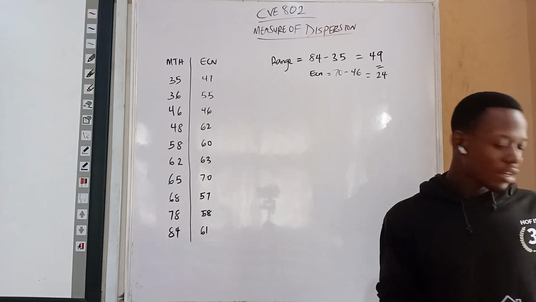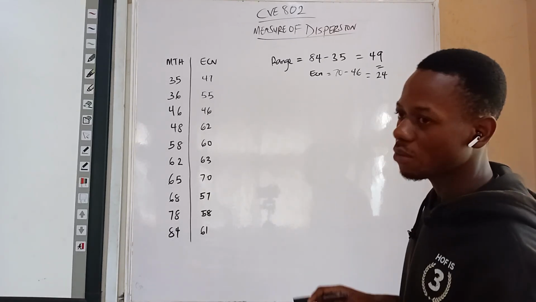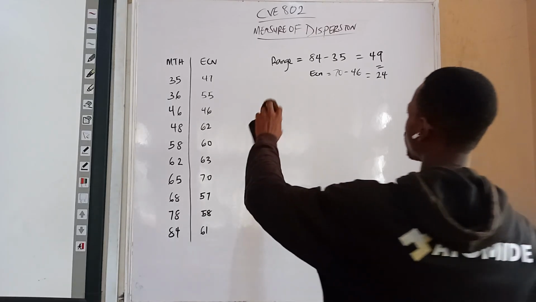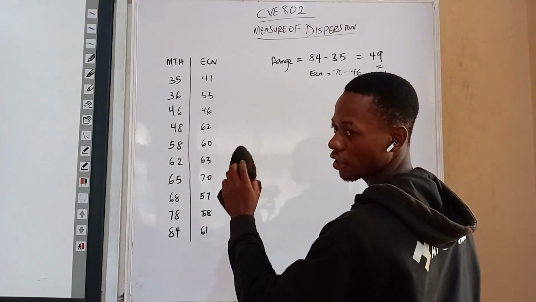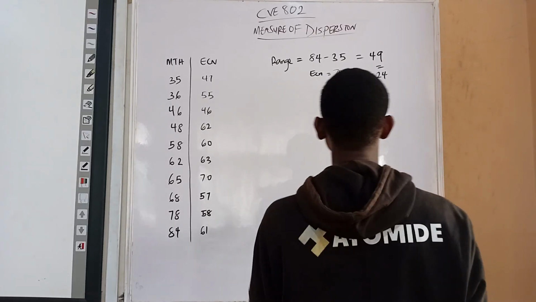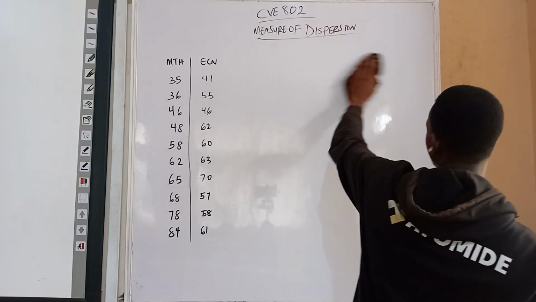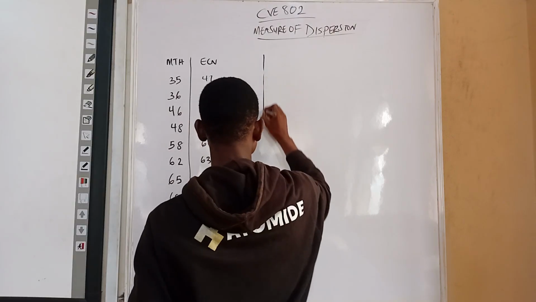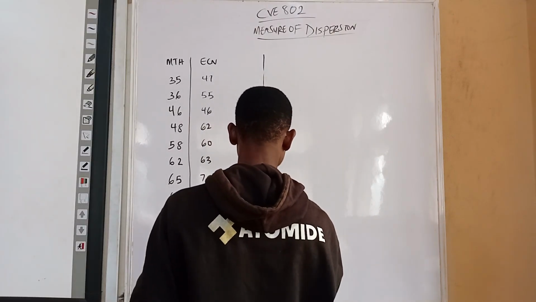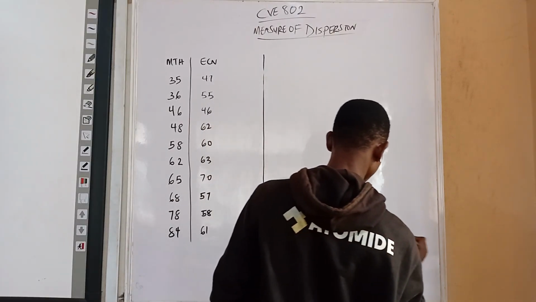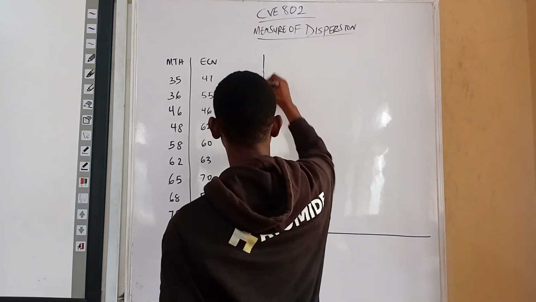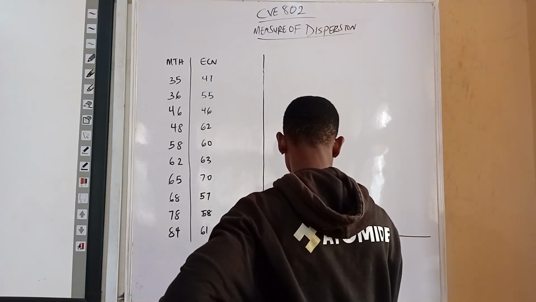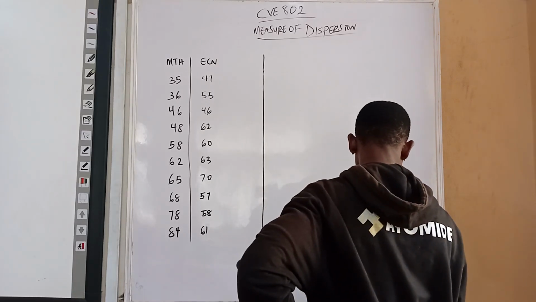Another way for us to determine it is by representing the data on something we call a scatter diagram. I want this place to represent my mathematics, while this one will represent my economics.